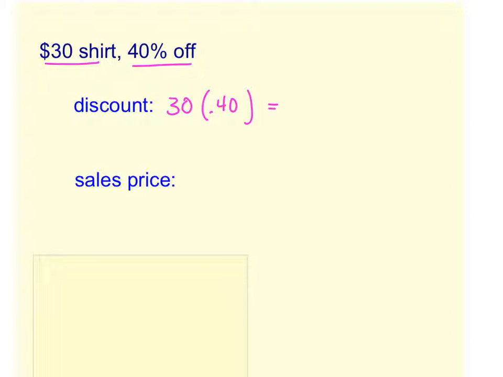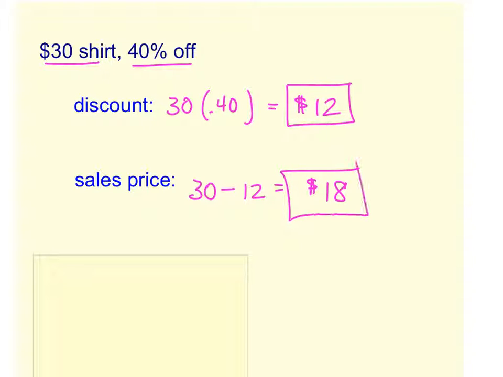So grab your calculators, $30 times 0.4 gives you $12. And again, I threw on the dollar sign for my answer. Now to get the sale price, we are not going to multiply, we're just going to take the full price of the shirt and we're going to subtract the discount. So 30 minus 12 gives us an $18 shirt. That's it.